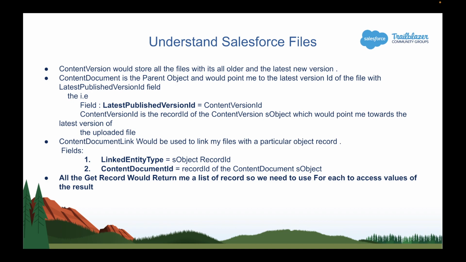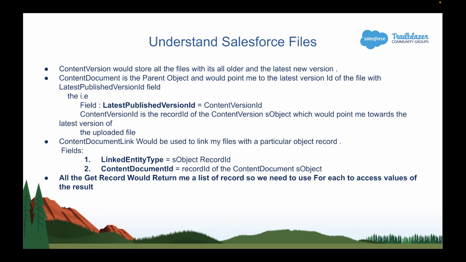Now content document link, as said, is used to link my files with my object records, and it consists of two fields. The first one is linked entity ID, which will contain your sObject record ID. That means account, contact, or any other custom or standard object you are using.